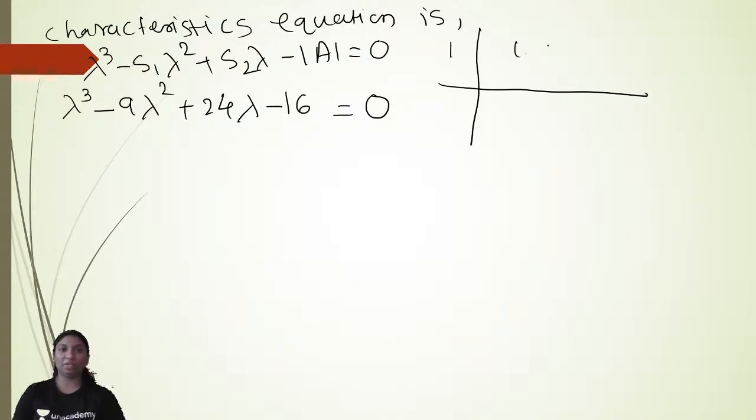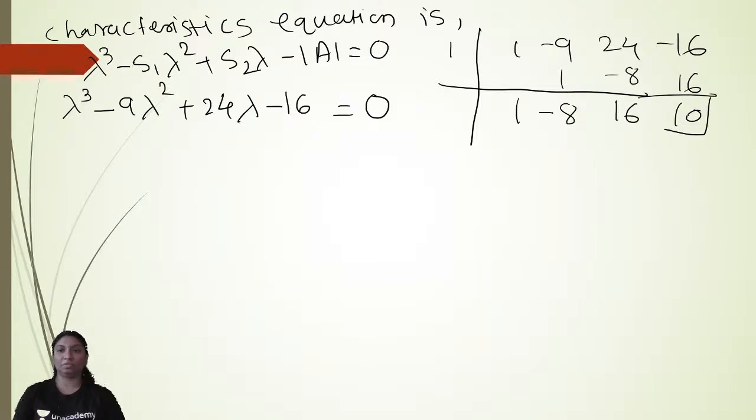So 1, minus 9, 24 and minus 16. 1 into 1, minus 8; into 1, minus 8; so plus 16 and plus 16 means 0. So the roots are: lambda minus 1 is the factor, and lambda square minus 8 lambda plus 16 is equal to 0.